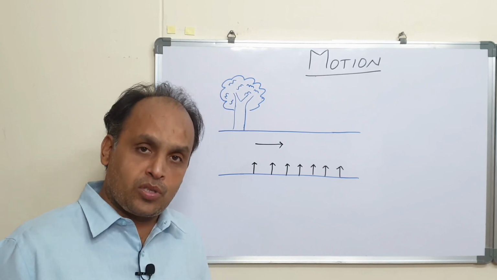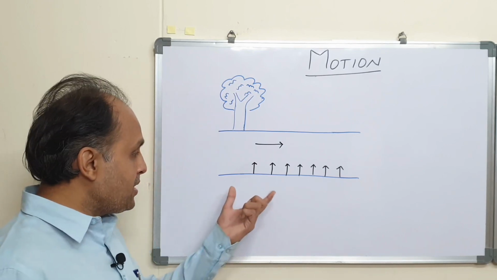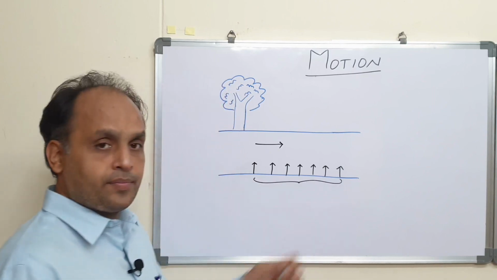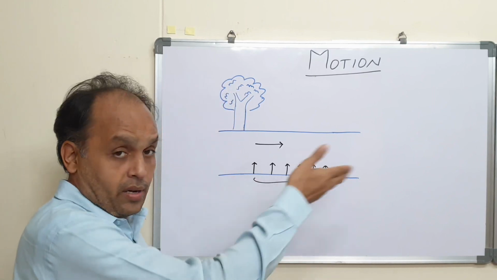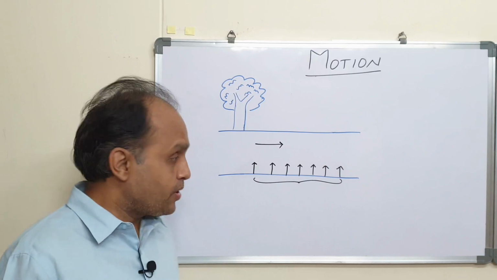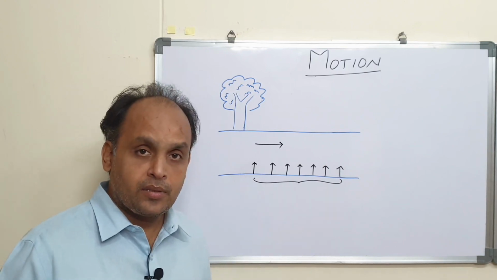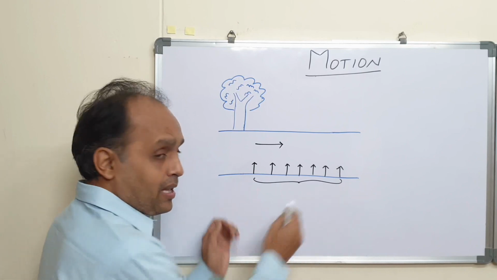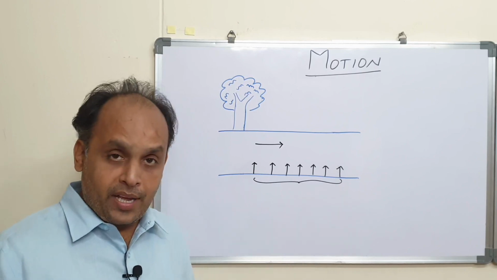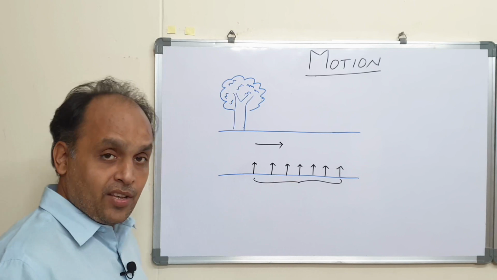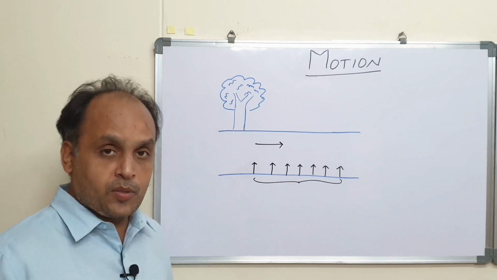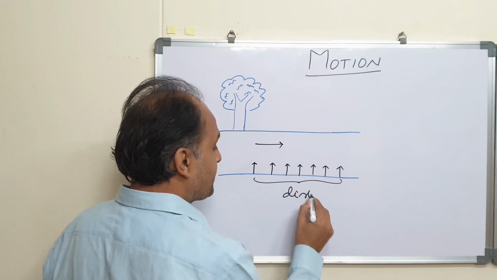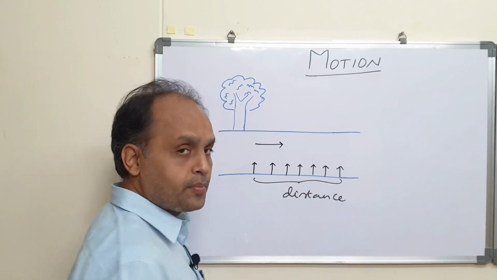Now during the course of motion, the person has covered this much path on the road, this much length of the path. So this length of the path covered by a body or a person, with respect to a reference point, is what we call distance.